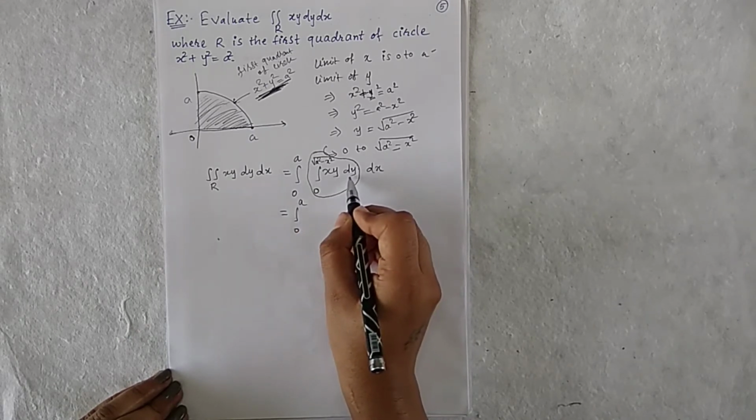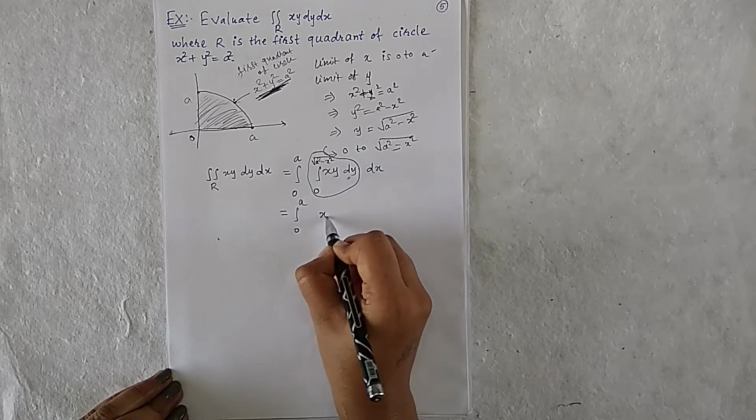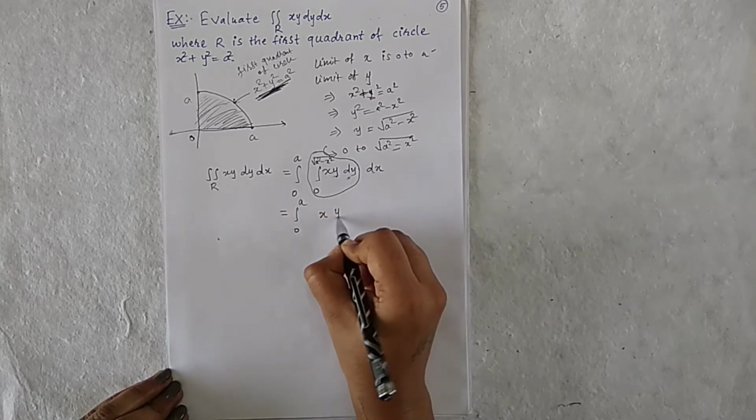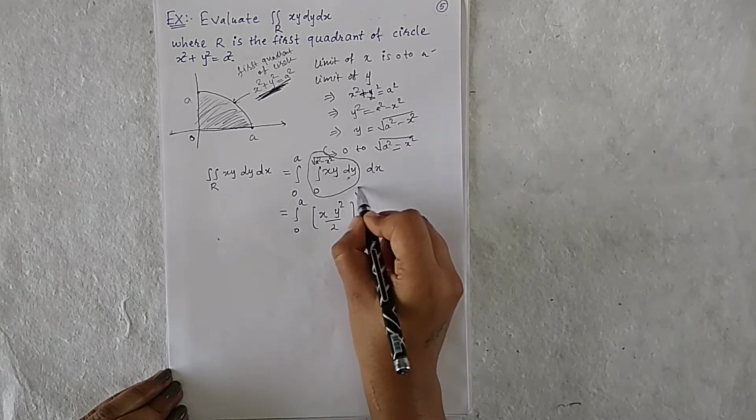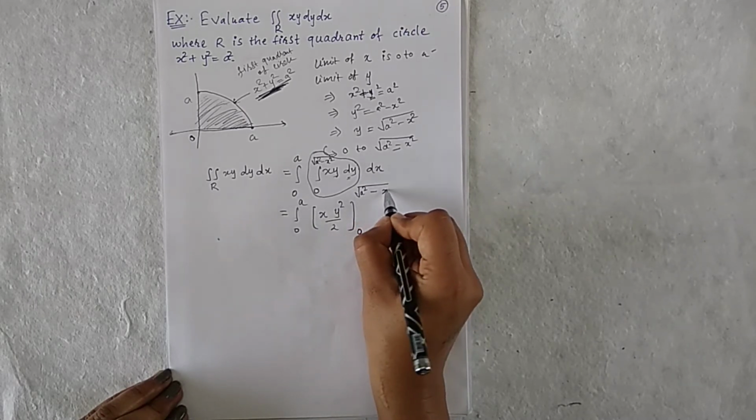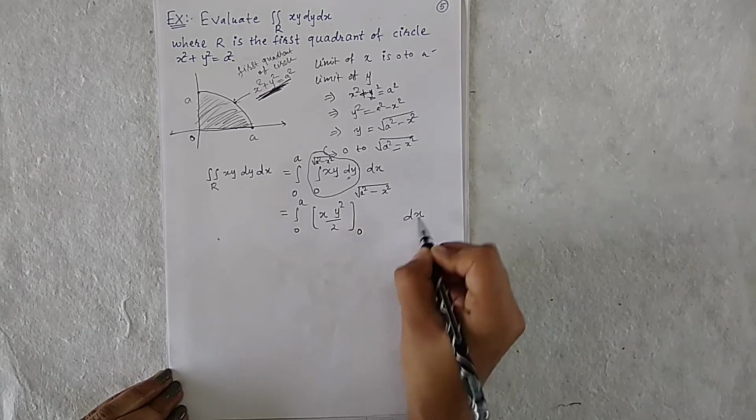When we are integrating with respect to y, x is constant and the integration of y is y square by 2, with limit 0 to square root of a square minus x square, dx.